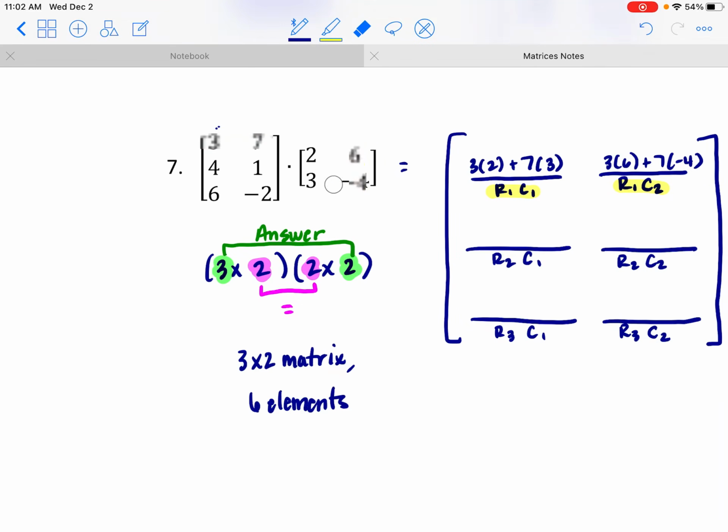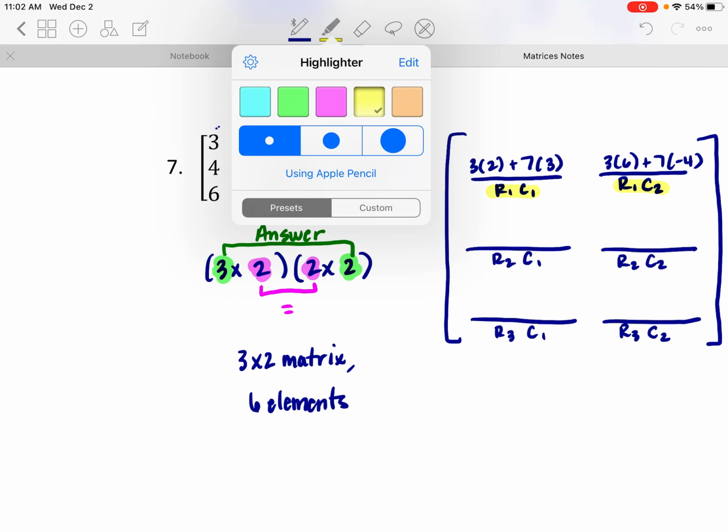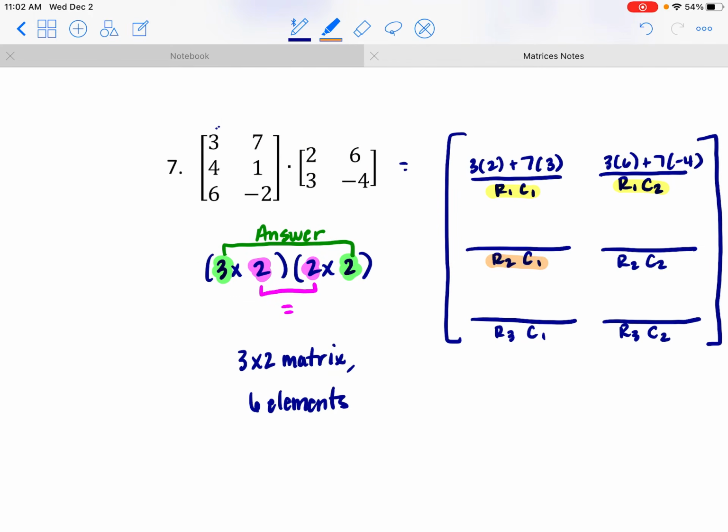Okay, and now let's change colors. Row 2, column 1 is going to be multiplying 4 and 2 and 1 and 3. 4 times 2 plus 1 times 3. And now I'm going to go with just dots everywhere. Row 2, column 2.